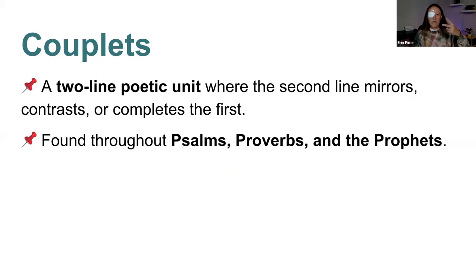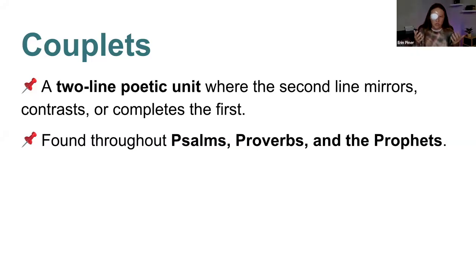These are 2-line poetic units where the second line mirrors or contrasts or completes the first. And I'm going to show you examples of all of these. These Hebrew couplets, these 2-line Hebrew structures, are often found in the Psalms and the Proverbs and the Prophets.